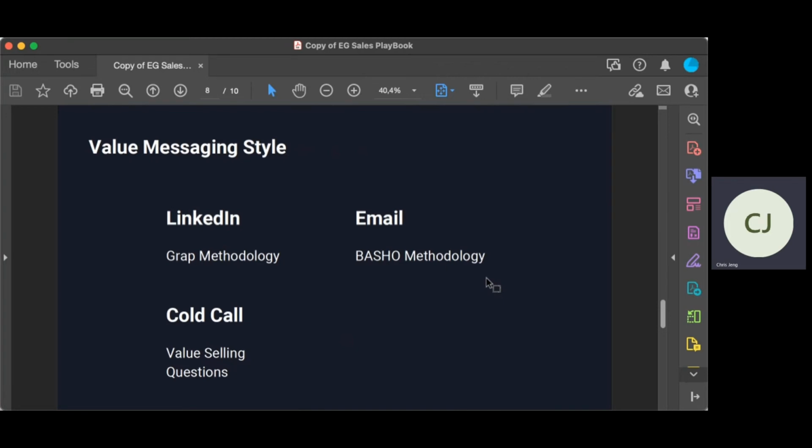In cold calling, that's where we really go and use the OPC questions. Our style in cold calling is actually to start off just asking loads of questions without really introducing yourself. We'll start asking relevant questions that we know the prospect is dealing with on a day-to-day basis, based on the research that we do.